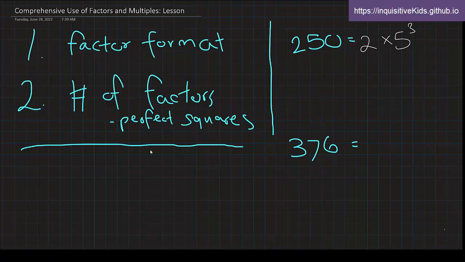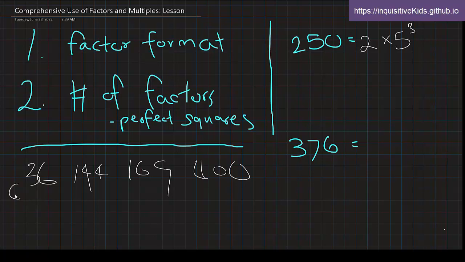And here's why. Perfect squares, as you may remember, are numbers like 36, 144, 169, 400. And they're perfect squares because they have 2 same factors multiplied against each other. So this is 6 times 6, 6 squared. This is 12 squared, 13 squared, and this is 20 squared. And whenever we say factors, we actually mean different factors.